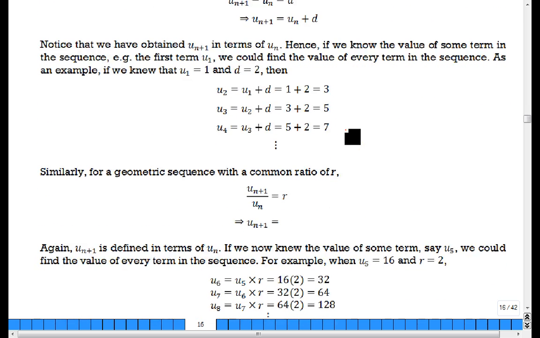For a GP with common ratio r, just now we talked about the common ratio, right? 1, 2, 4, 8, 16. Can we safely say this? The next term divided by the previous term is equal to the common ratio.